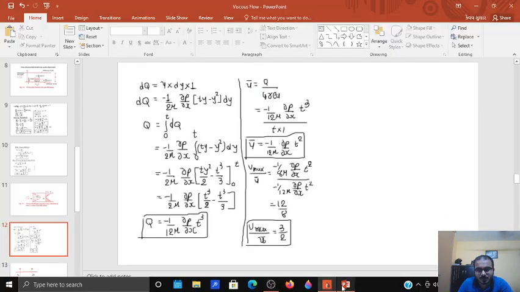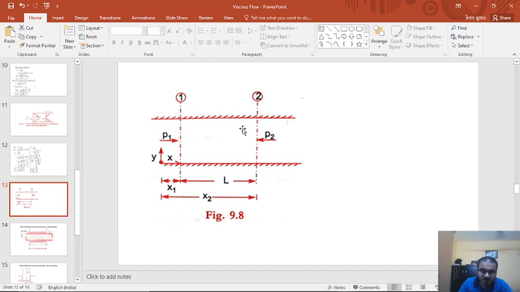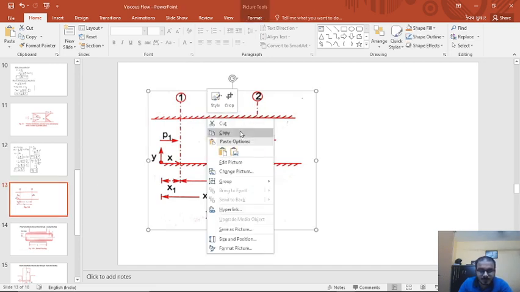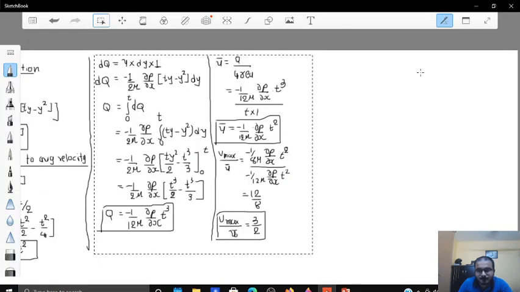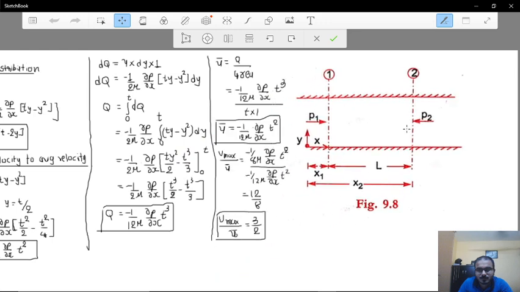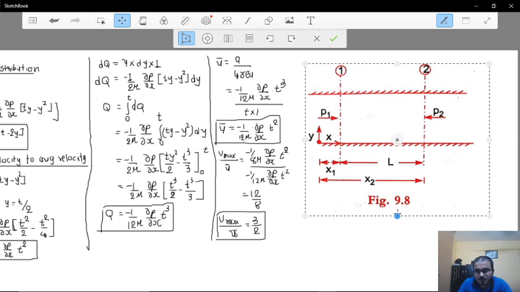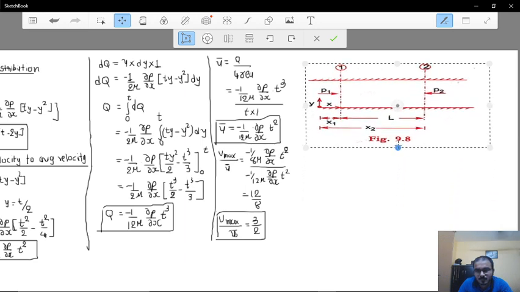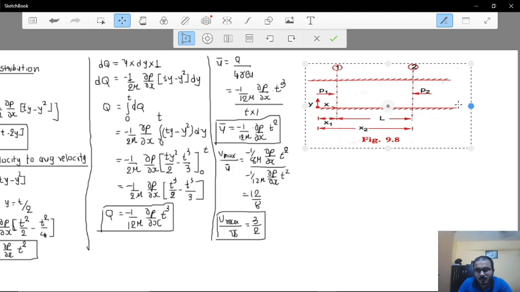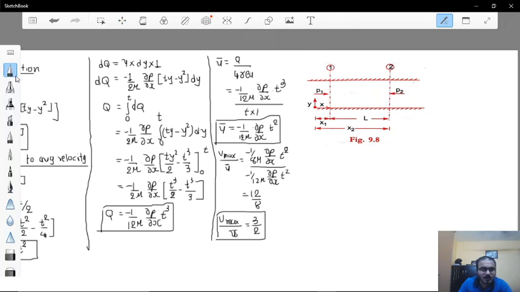Now let's move forward to our next theory, that is the drop of pressure head. So first we need to copy this figure. Like this. And now we will be studying the drop of pressure head.